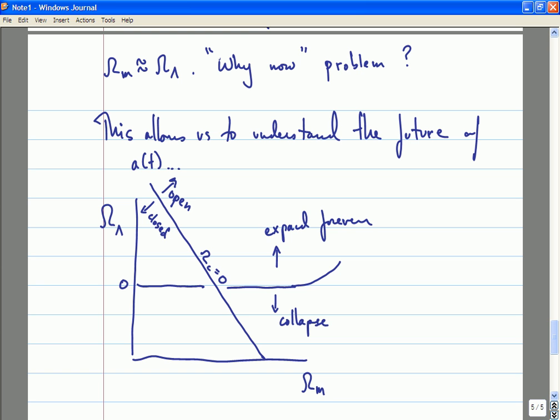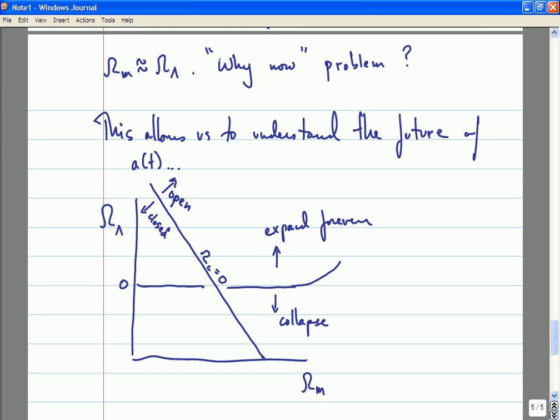But if the cosmological constant were negative, you have a geometry which is known not as de Sitter space, but anti-de Sitter space, and in that case, the universe will want to collapse. However, we are fortunate or unfortunate enough to live in a universe where that does not happen.